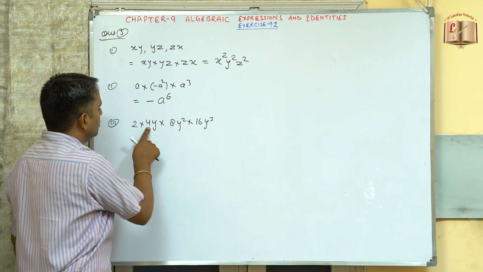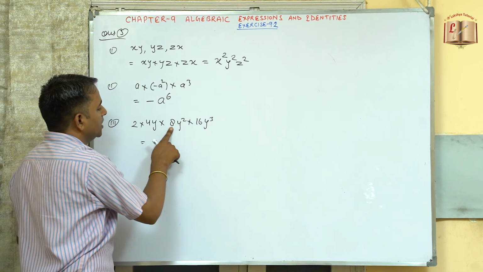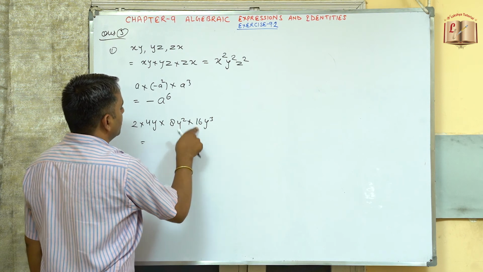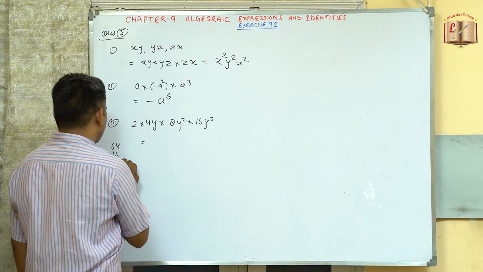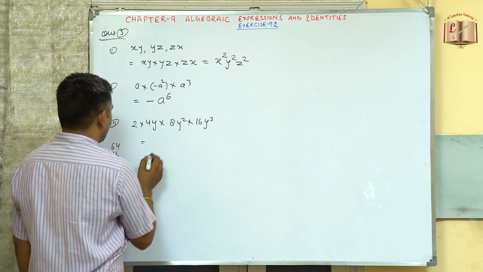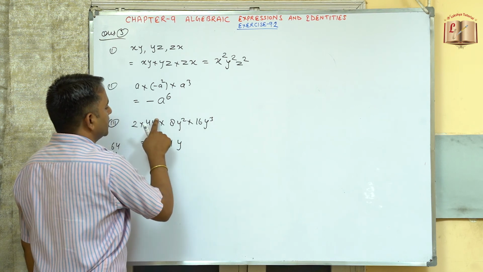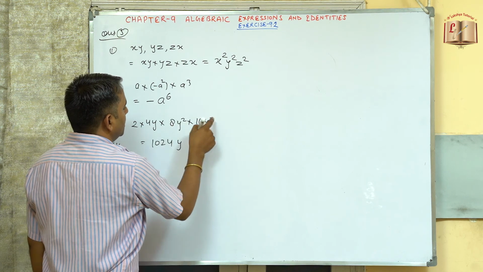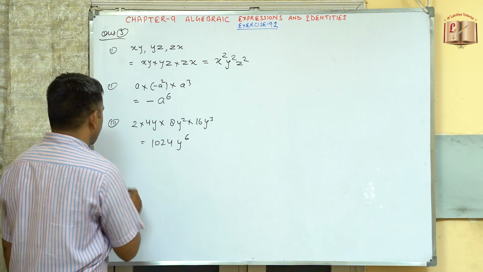So this is 2 and 4, this is 8, then this is 64, 64 into 16. So this is 1024, and y to the power 1 plus 2 is 3, and 3 is 6. So this is 1024y to the power 6.